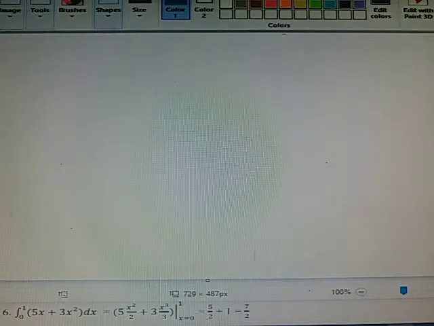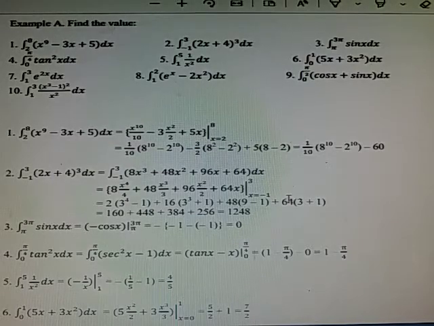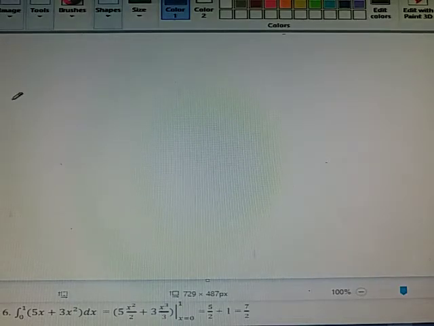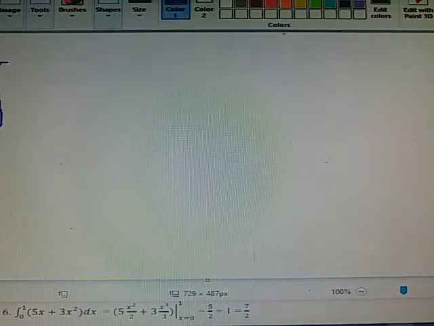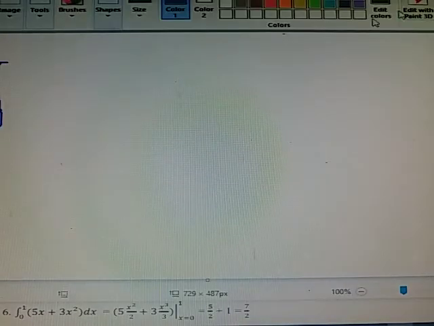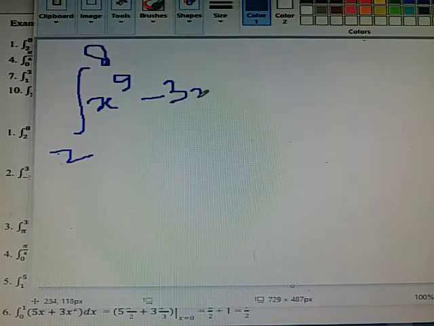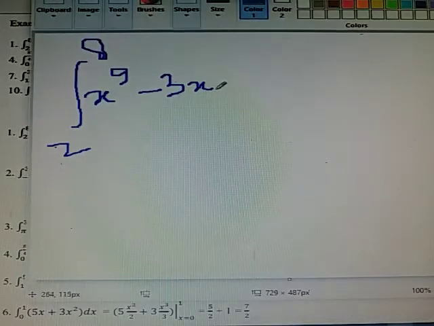Our problem is: integrate x to the power 9 minus 3x plus 5 from 2 to 8, that is, the integral from 2 to 8 of x to the power 9 minus 3x plus 5 dx.